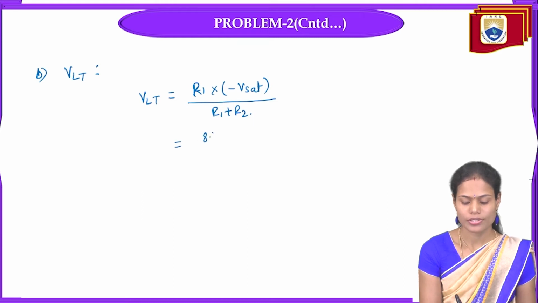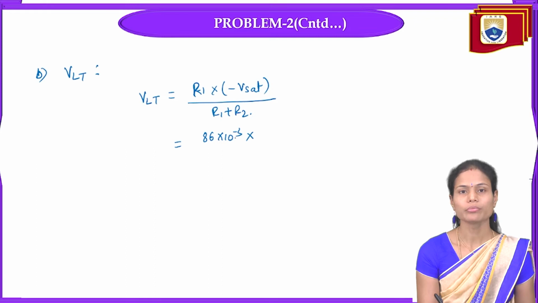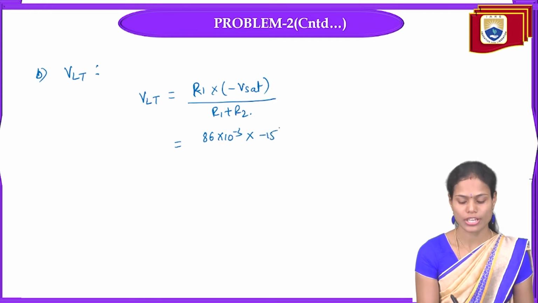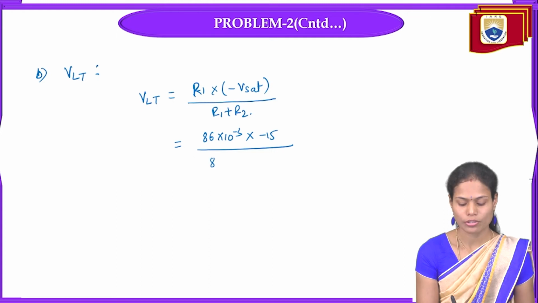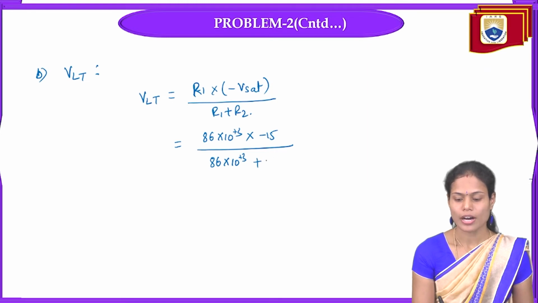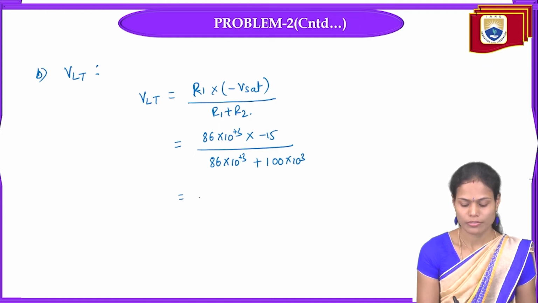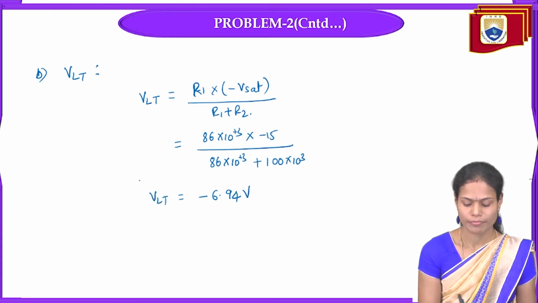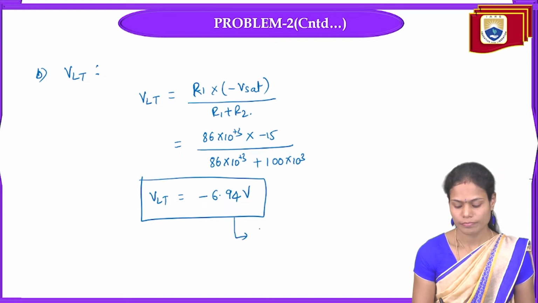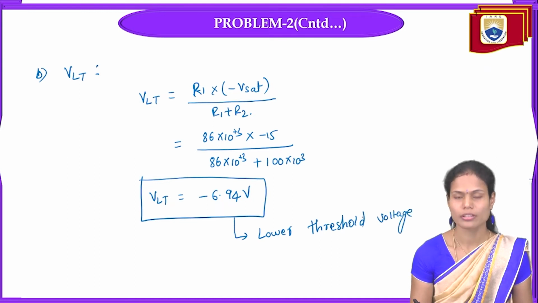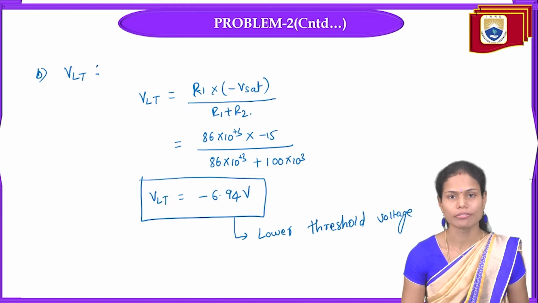That is, R1 value is 86 kilo ohms into minus 15 volts negative saturation level, and again R1 resistance value is 86 kilo ohms plus R2 resistance value is 100 kilo ohms. If we simplify this, we'll get minus 6.94 volts. So this is the lower threshold voltage of the output waveform generated from the given circuit.